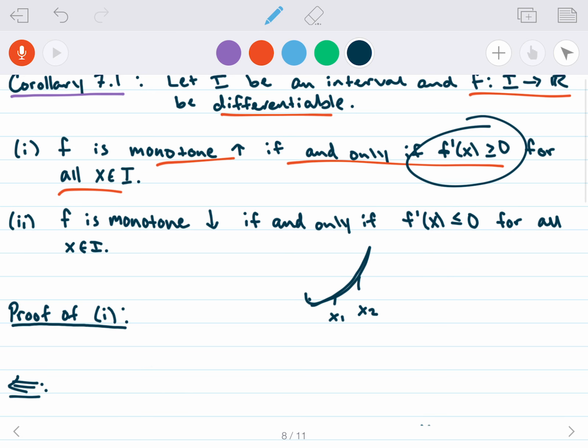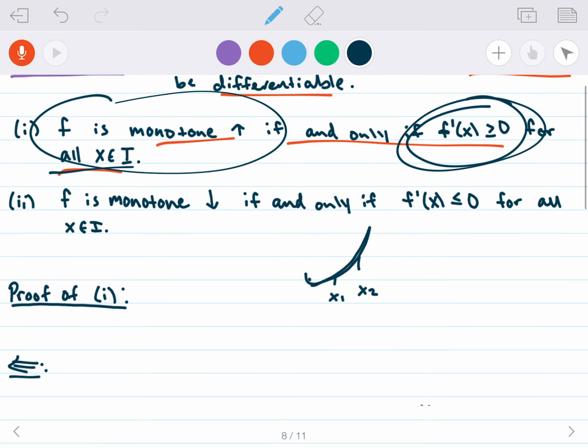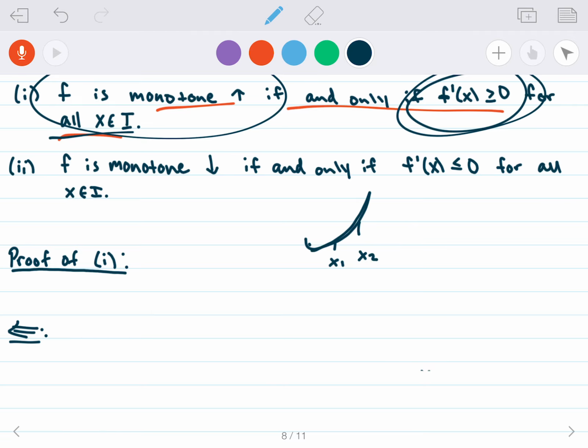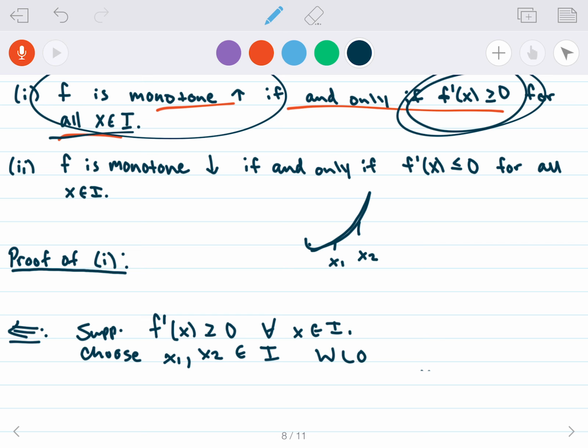We're going to assume that our derivative is bigger than or equal to 0 for all x in our interval, and we're going to show this implies that f is monotone increasing. So suppose that our derivative is positive for all x in our interval, and then we'll choose two values in our interval, say x1, x2, and without loss of generality, we'll say that x1 is less than x2.